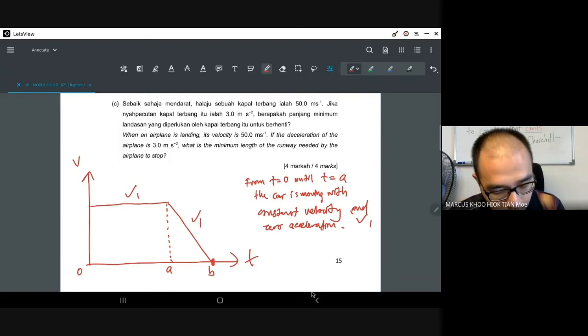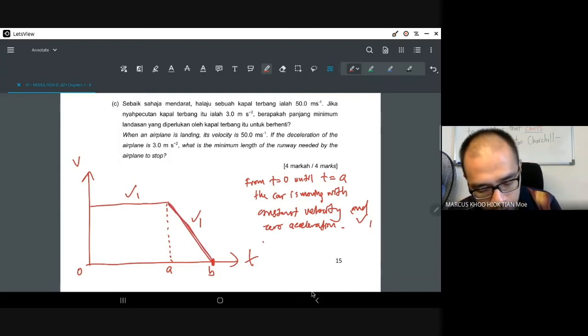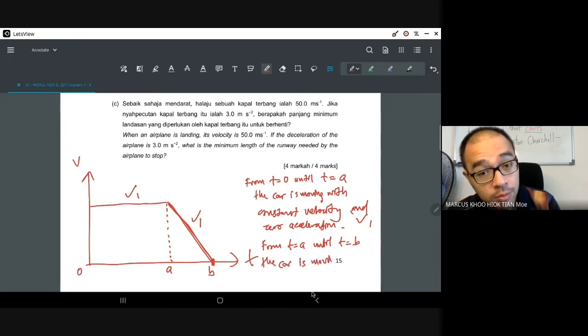Let's talk about from A to B. From t equals A until t equals B, the car is still moving with decreasing velocity.